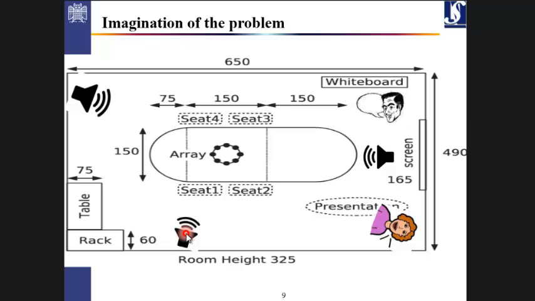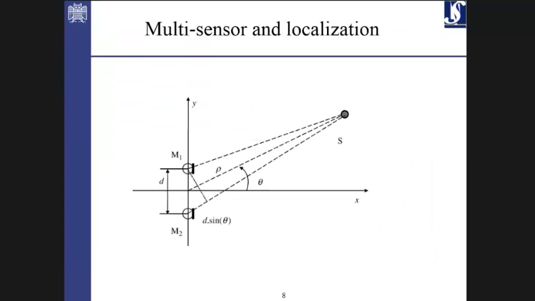Now let's go to a scenario. So, yes, please. So d times sine theta, it gives us the distance or the time? Because d times sine theta is the distance, the difference. Let me explain it more clearly.